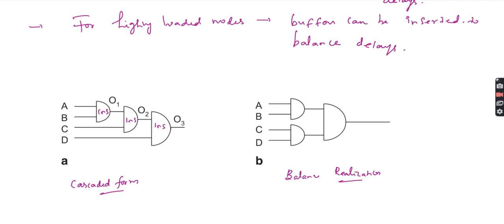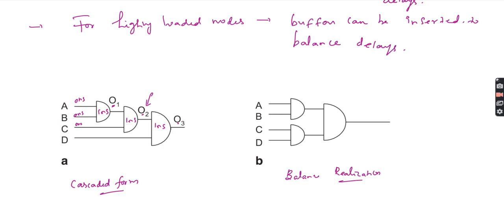Now, A, B, C, D, 4 inputs I am applying. In the cascade, I connected the outputs to O1, O2, O3. Now, see, this O2 will execute when O1 produces the output, then only O2 will be evaluated, right? So initially it will be 0 nanoseconds.